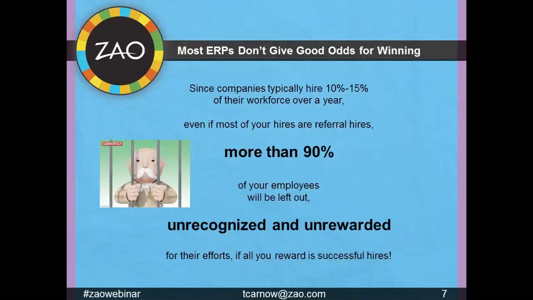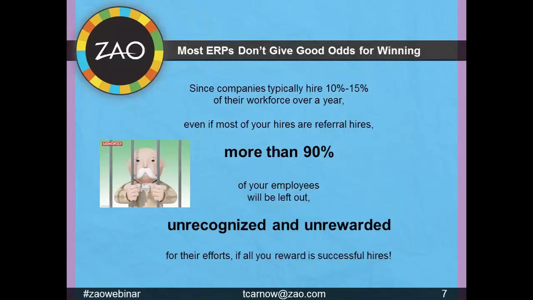Another big problem with employee referral programs is that your chances of winning anything aren't really great. Since companies typically hire between 10 to 15% of their workforce over a year, even if most of your hires are referral hires, more than 90% of your employees are going to be left out, unrecognized and unrewarded for their efforts. That is, if all you're rewarding is successful hires.